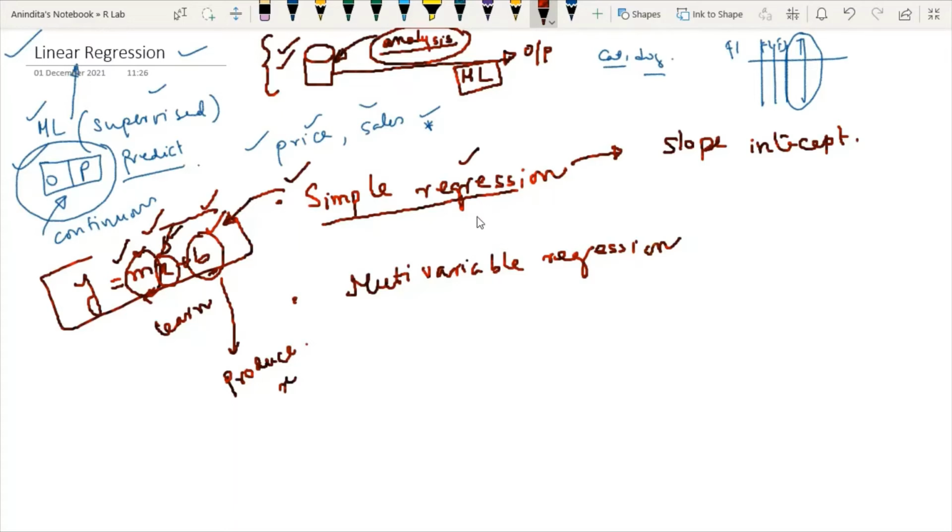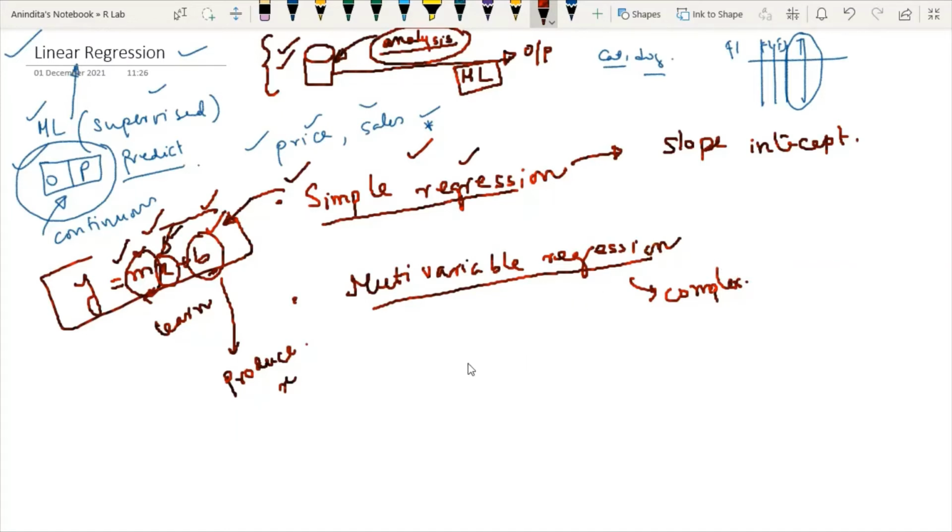Now, if you ask me, okay, this concept is understood, but what does multivariable regression mean? Multivariable regression is a more complex kind of regression where multivariable linear equations are present.